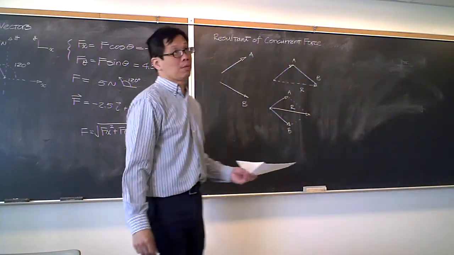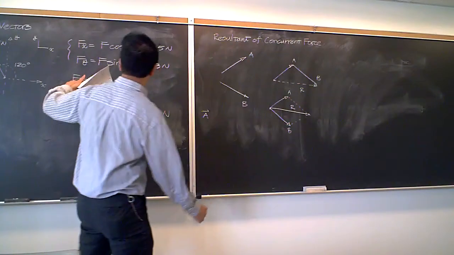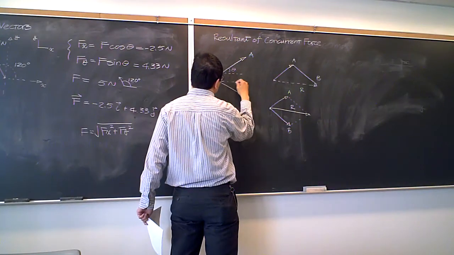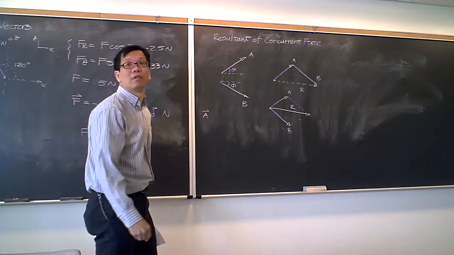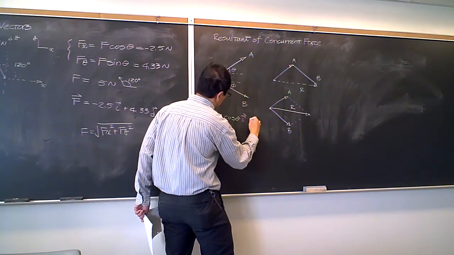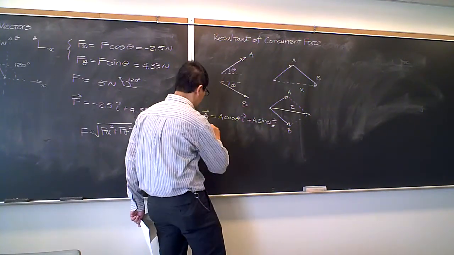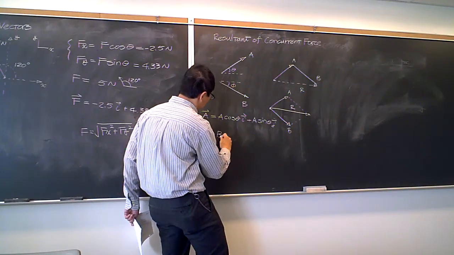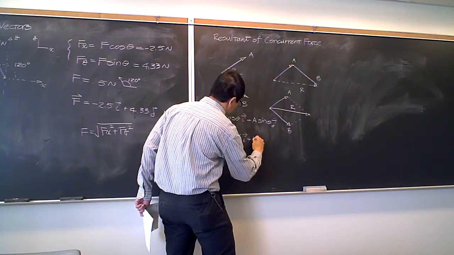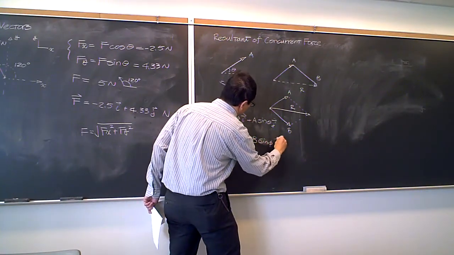Or you don't like both of them. You can say, hey, I would like to use the vector representation of doing that. So I define theta as the angle of A, and another angle for B. My A is going to be A cosine theta i plus A sine theta j. My B is going to be B cosine of its angle i plus B sine of its angle j.